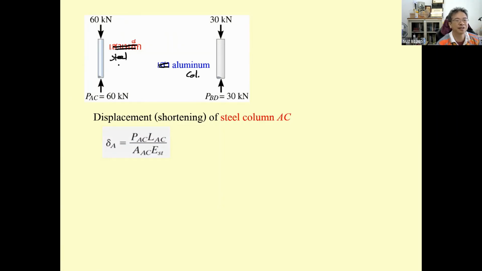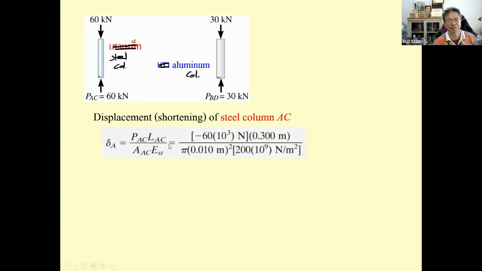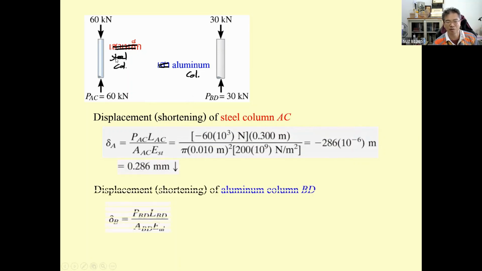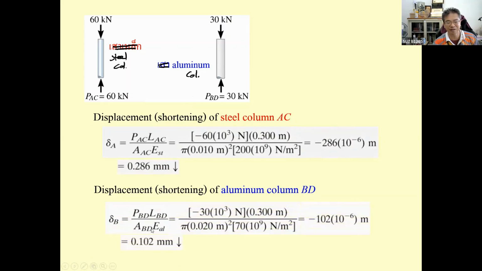For the steel column, just put the force, the length, and AC. You got this one, minus 296 times 10 to the minus 6 meter, and that is going to be 0.286 millimeter. That is for the steel. For the aluminum, just put the 30 kilonewton over here and do the computation. That is going to be 0.102. That is correct. The yellow is larger than the light blue.